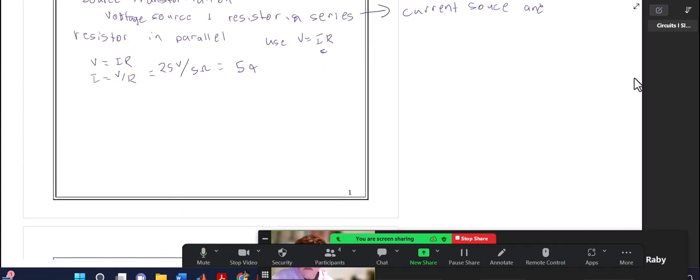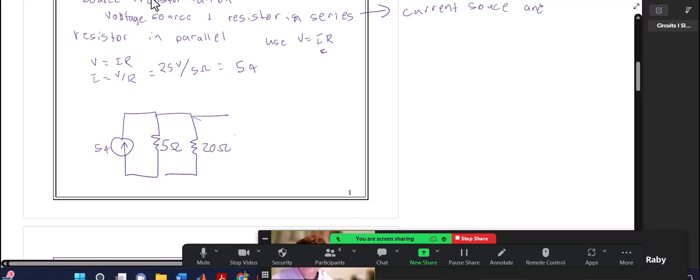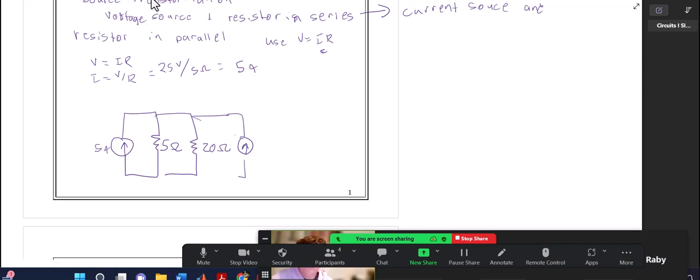I will have a 5 amp current source, and that will be in parallel. The resistor doesn't change, it's still 5 ohms. I still have a 20 ohm resistor there. I have a 3 amp current source. And I'm trying to find VAB.